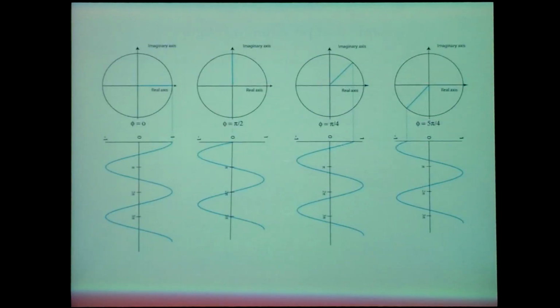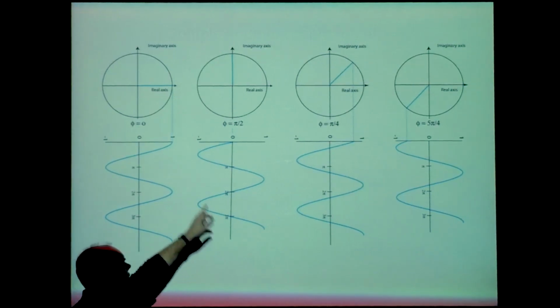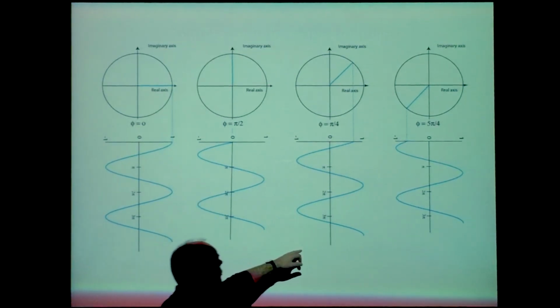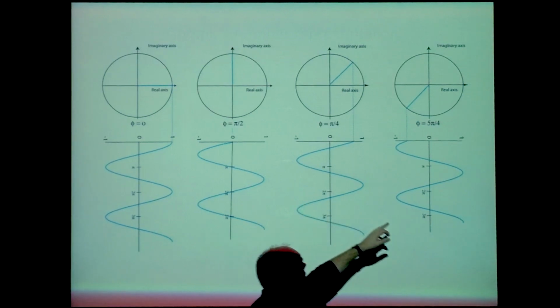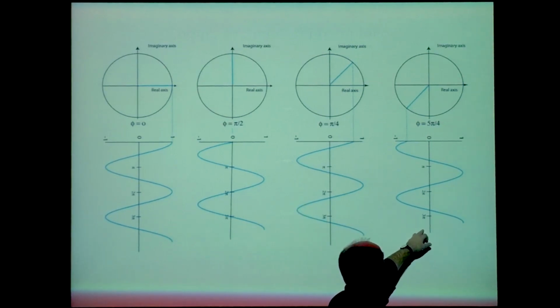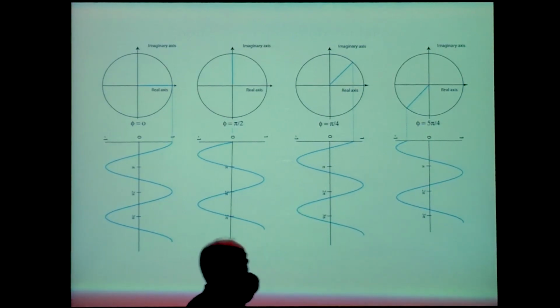If we take the wave at point 0, the Argand diagram looks like that. Pi over 2, it looks like that. Pi over 4, it looks like that. 5 pi over 4, just as an example, it looks like that.